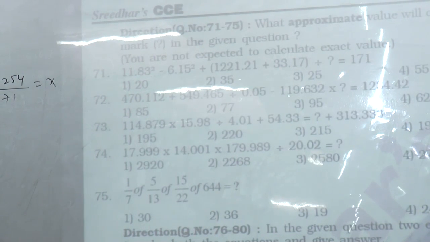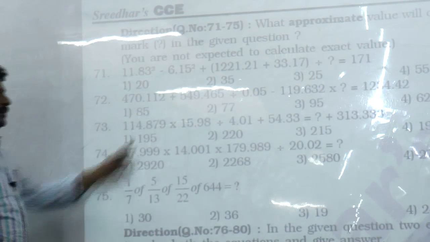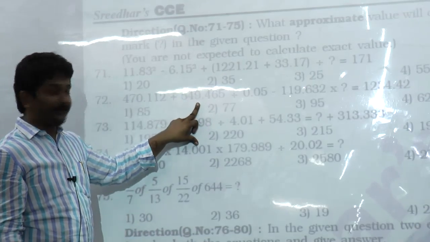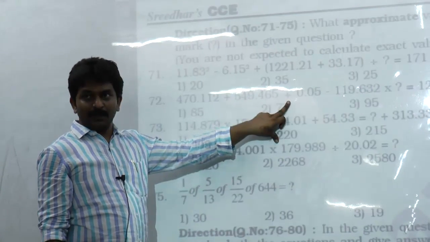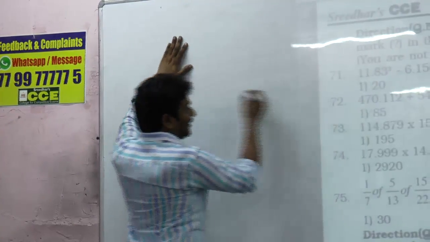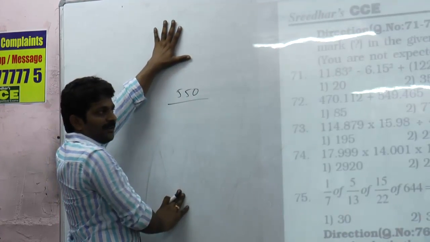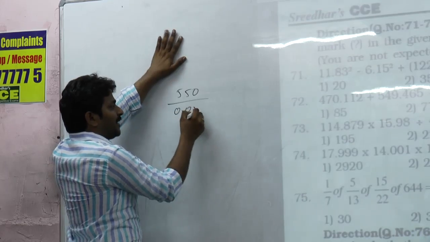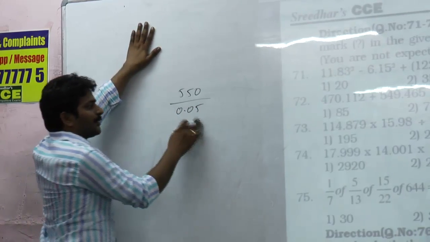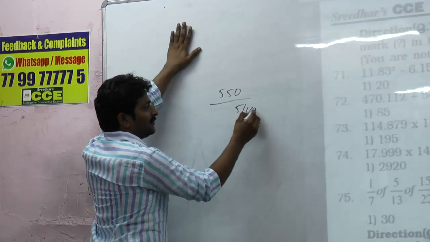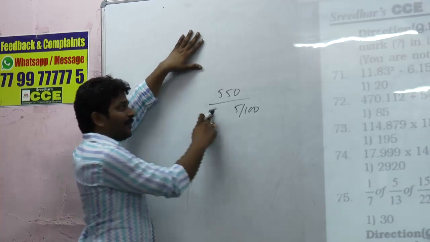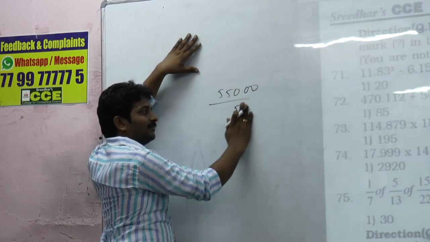Right? Come on, next. This is near about 550 divided by 0.05. Let me keep it aside. I am concentrating on 550 divided by 0.05. I will write 0.05 as 5 by 100. Can I do that? Denominator comes to numerator.